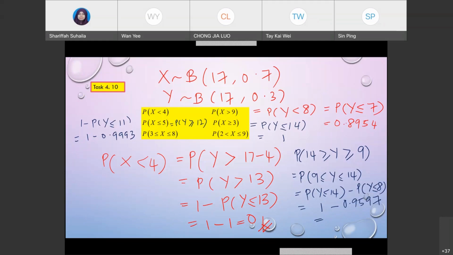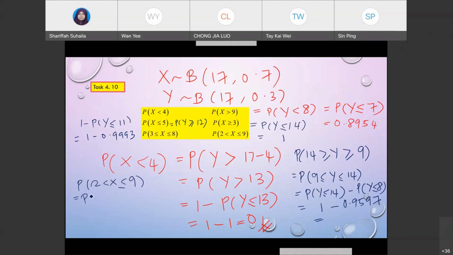Okay, the last one. Probability 2 less than x less than or equals to 9. So what we want is 3, 4, 5, 6, 7, 8, 9.